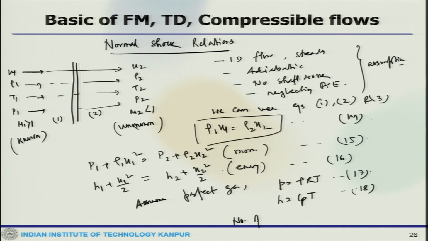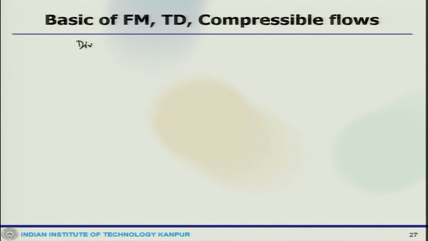So, the number of equations is 5 and the unknowns are 6. So, what will we do? We will divide 15 by 14, and what we get is P 1 by rho 1 u 1 minus P 2 by rho 2 u 2.